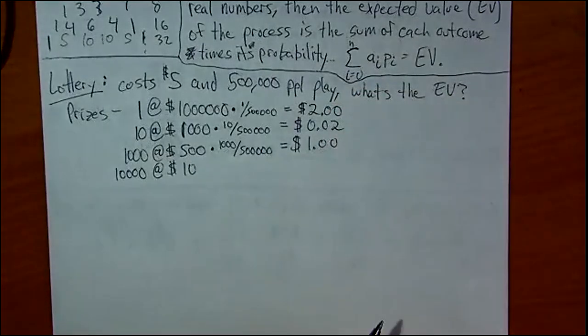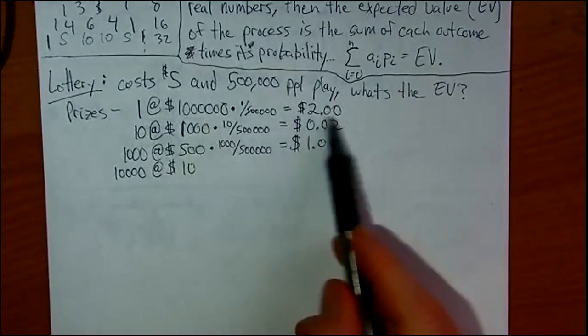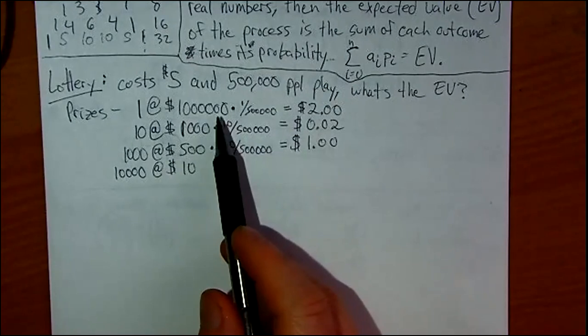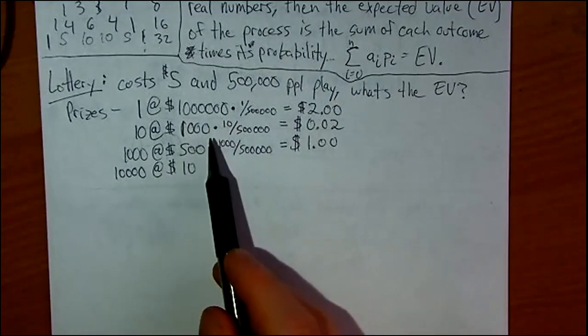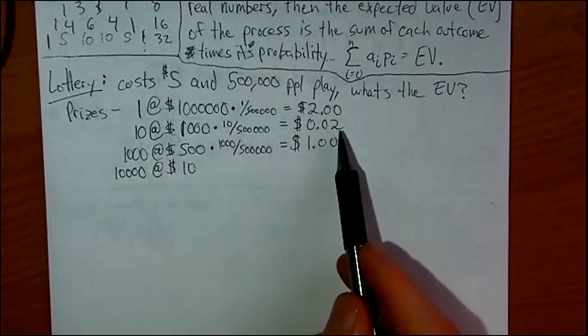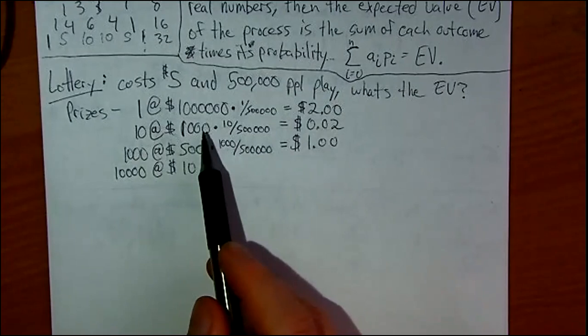If you think about this, that grand prize is worth a lot of expected value because it's $1,000,000. That's a huge prize. Now this one, $1,000 is a lot of money, but there's only 10 of them. So it isn't worth that much in terms of the expected value because there's so few prizes available at $1,000.